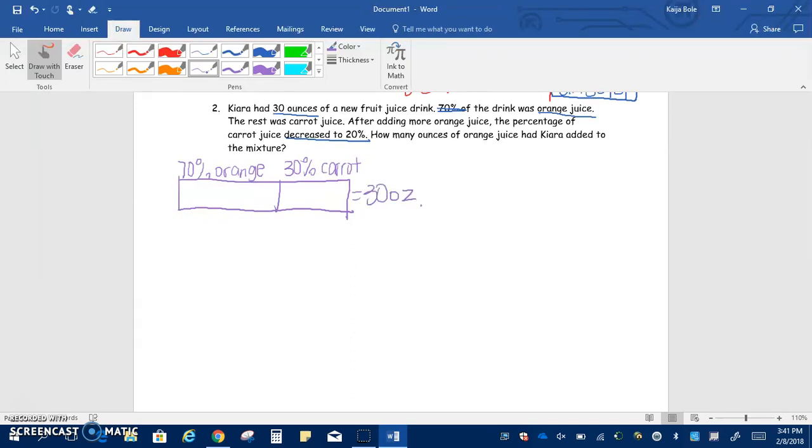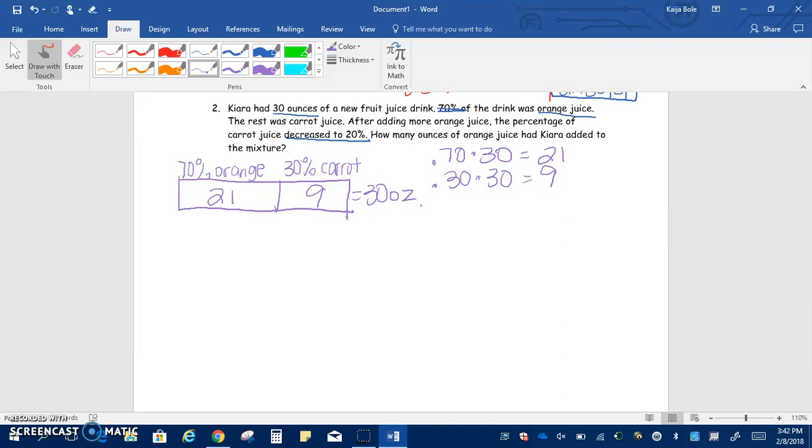So we need to work on the insides here first. So first we would take 0.70 times our whole to give us our part, which would be 21. So 21 would go here. If you did 0.30 times 30, you would get 9. And that goes there. 21 plus 9 does equal 30. So we're good to go.